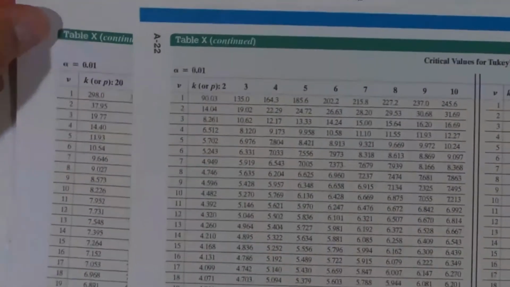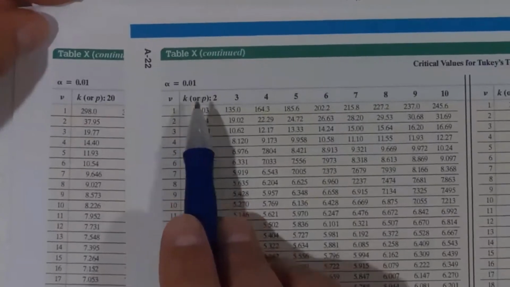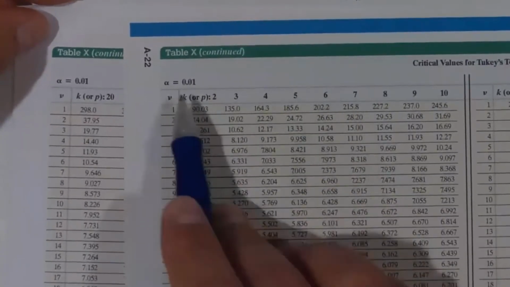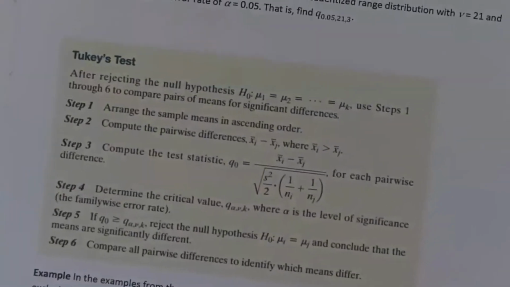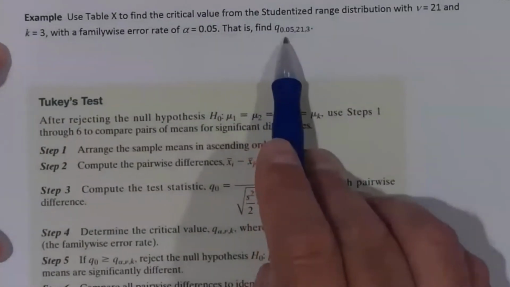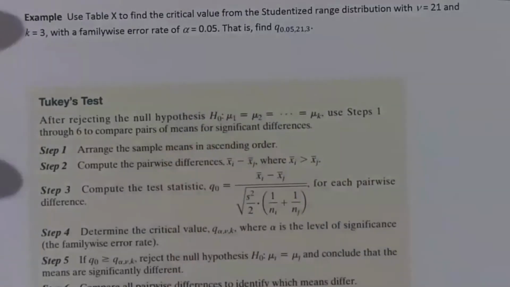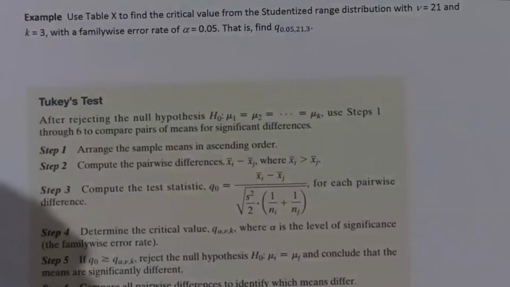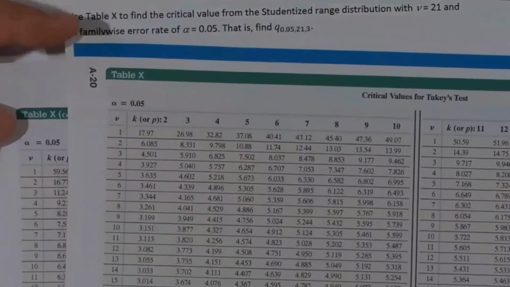The last two pages, pages A22 and A23, are for when the family-wise error rate is 0.01. And again, we have different values of K and different values of V. So for this particular problem, we want to find Q sub 0.05, 21, 3. Our family-wise error rate is 0.05, so we're going to use the first two pages of the table.